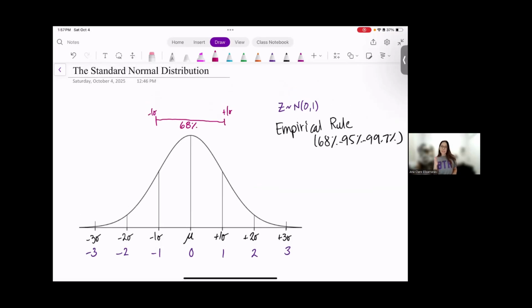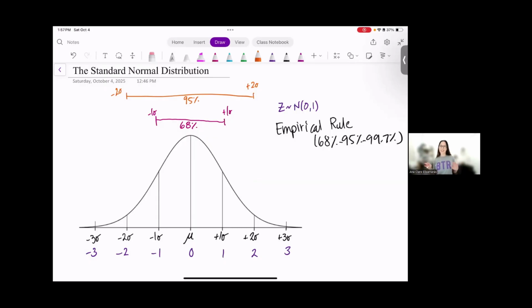Well, if it's the 68-95-99.7 rule, how many fall within 2? 95. So that is saying that here, at +2 standard deviations and -2 standard deviations, 95% fall within that. So I have 95% of the distribution within. So this is what we would consider usual.